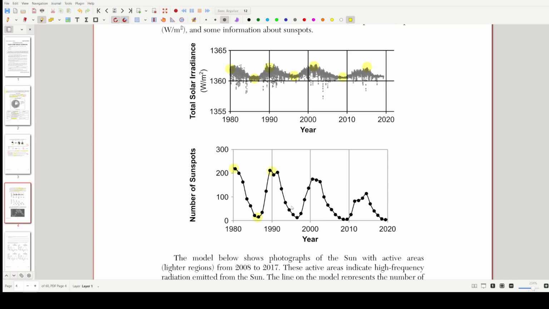So look, if you look at the graphs, these are corresponding, right? You could see they're in line, right? So the highest ones, we can conclude, based on this, that the highest number of sunspots is where there's the most solar irradiance, right? Most solar irradiance, highest sunspots.